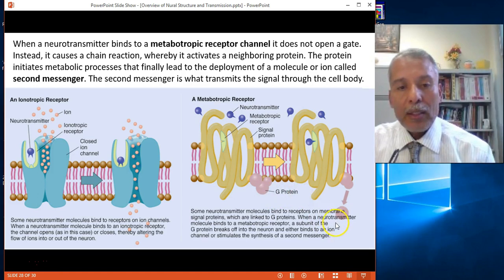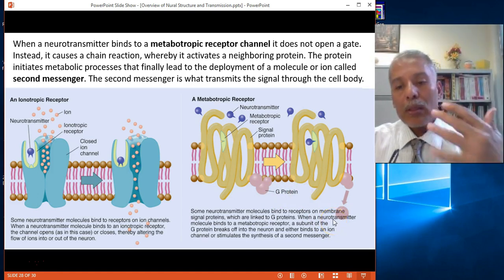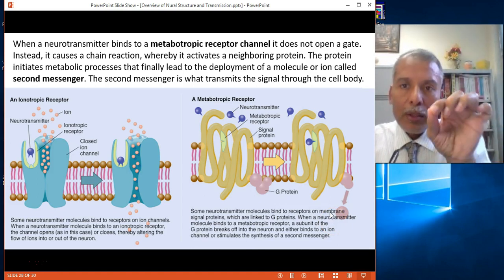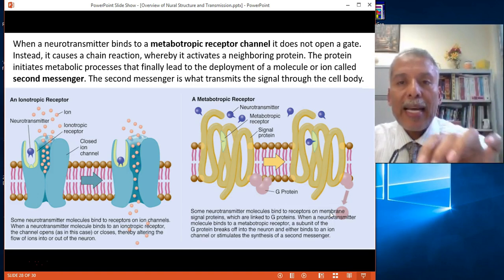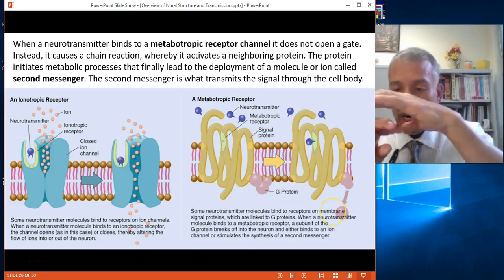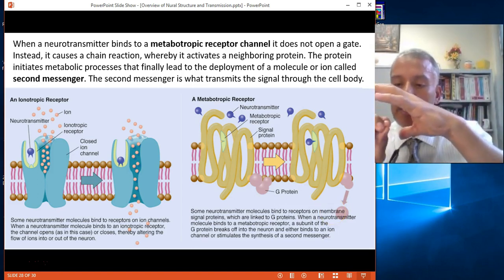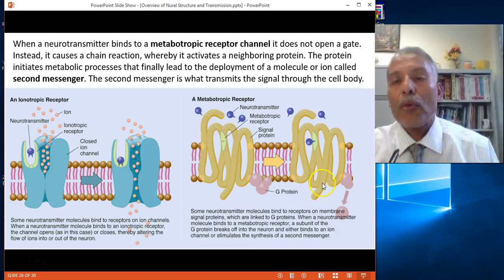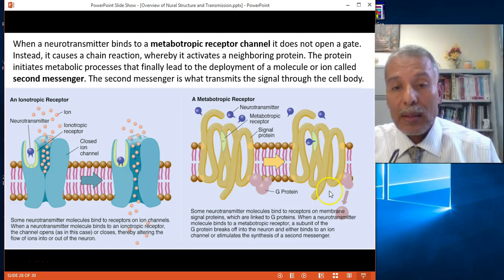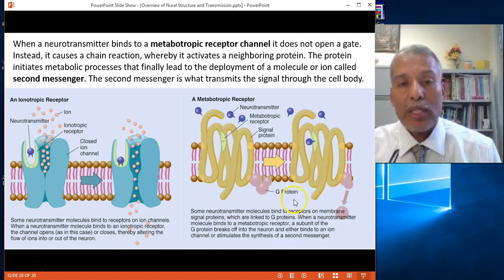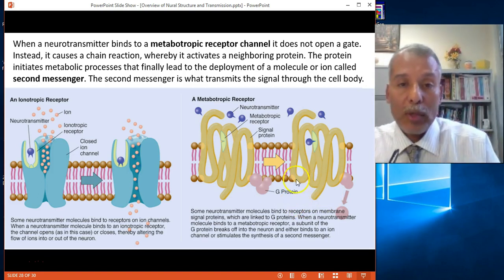So finally, you go through two steps of energy consumption, and then finally you deploy a second messenger inside of the cell body that basically takes that message and spreads it so quickly through the cell, because these second messengers are very, very tiny molecules. They can travel very quickly and diffuse. They can flow very quickly.